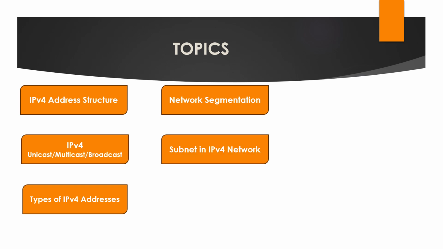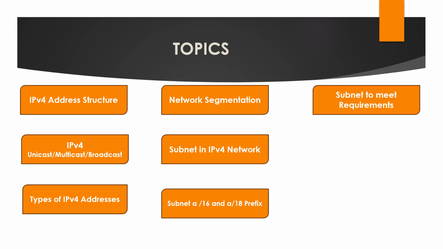We will see the subnet on IPv4 network, where we will calculate the IPv4 subnet for /24 prefix, and we will also see the subnet of /16 and /8 prefix, where we'll calculate the IPv4 subnet for each of those prefixes. We will also see the subnet to meet requirements, where we will give a set of requirements for subnetting to implement an IPv4 addressing scheme.